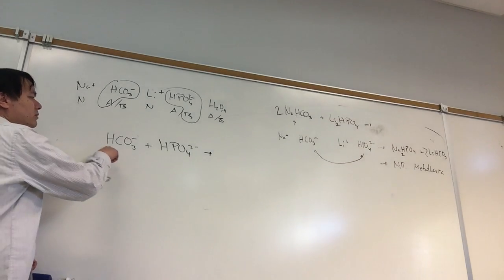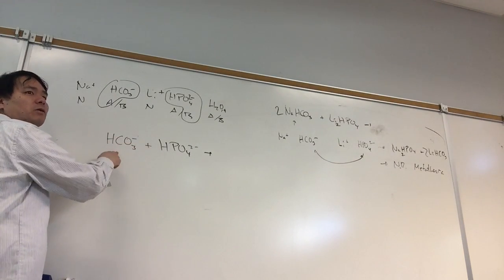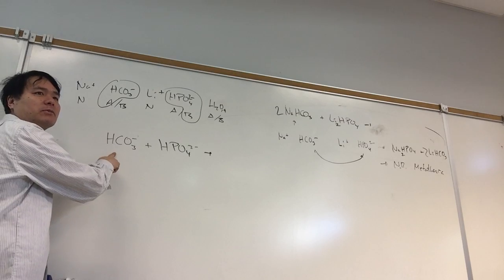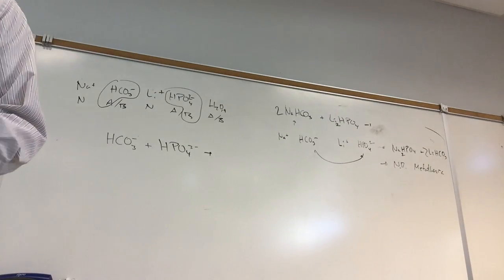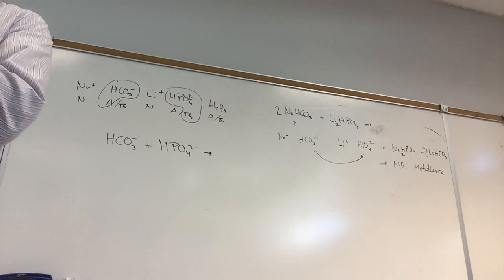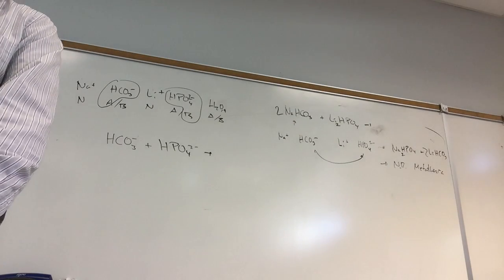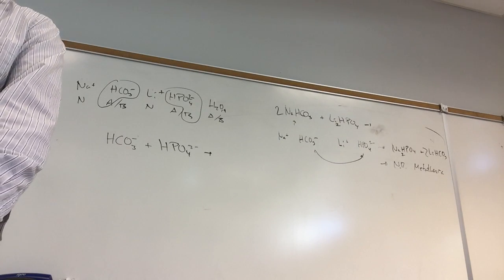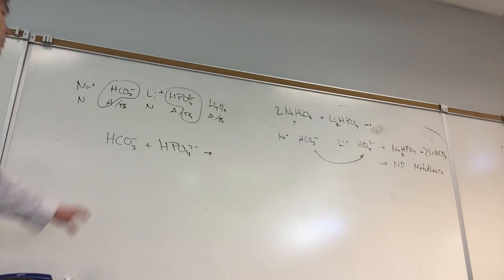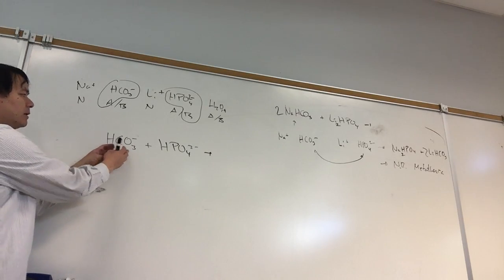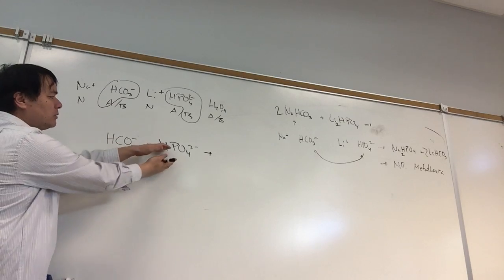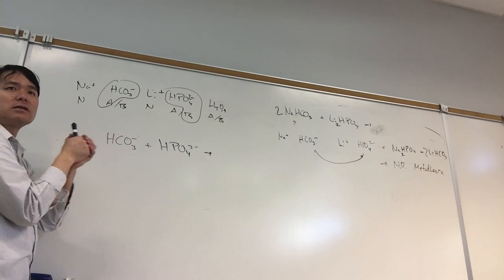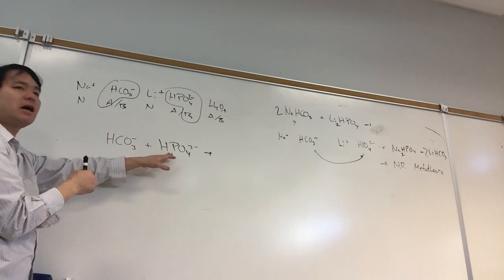So which one loses the proton? Well, both can lose the proton. Which one is more likely to lose the proton? The stronger acid. Why? Because it's the one that's going to break off most easily. If a base, like say bicarbonate, tries to attack this and pull the proton off, it meets some resistance because it's not a very good acid.